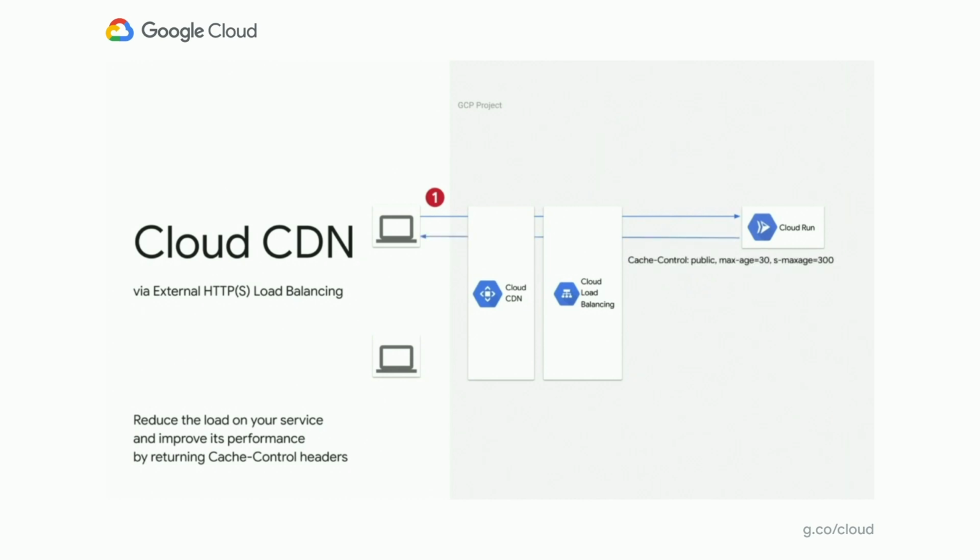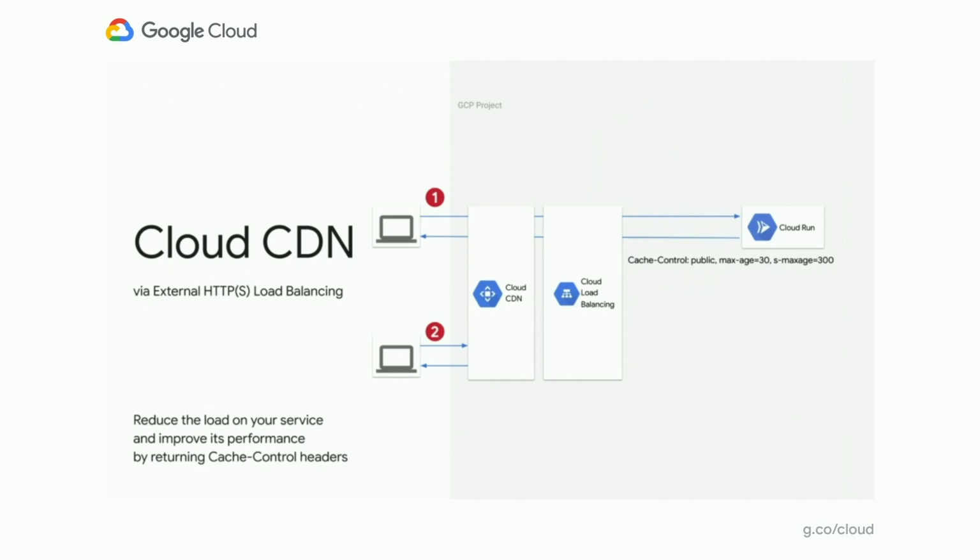Cloud Run can respond with a special response header, which is cache control, saying, I want you to cache this request for 300 seconds. Good. Next time a client asks the same, Cloud CDN will be able to return the response without even needing to reach your Cloud Run service. So you see how by caching some requests, you can drastically reduce the load on your service and improve performance.